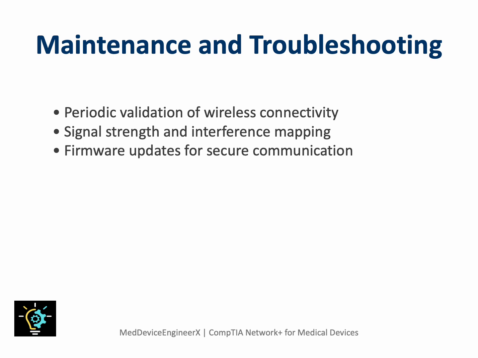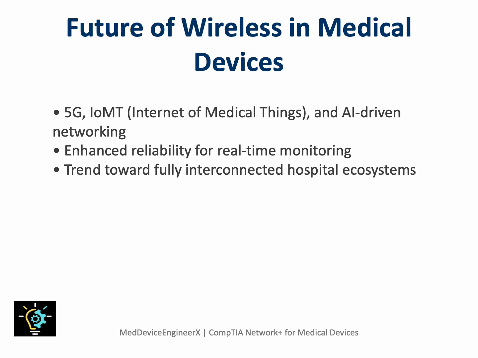Software updates frequently include security patches and performance improvements. Periodic audits help identify unauthorized devices or weak encryption settings. In essence, maintenance ensures that every wireless medical device performs as intended without communication failures that could delay care or risk patient outcomes.